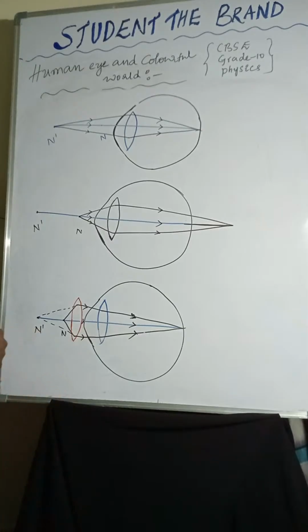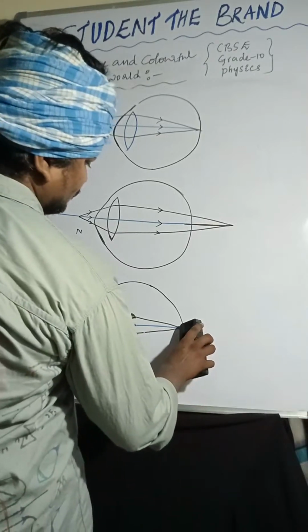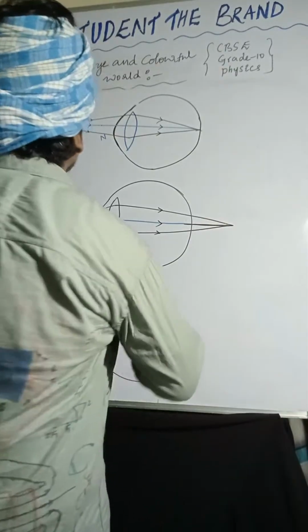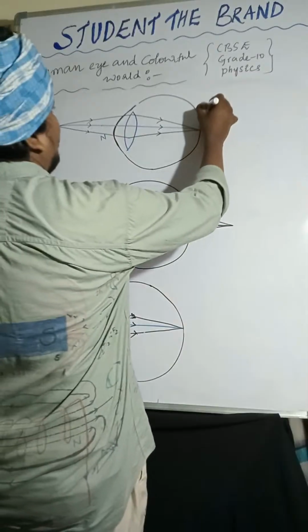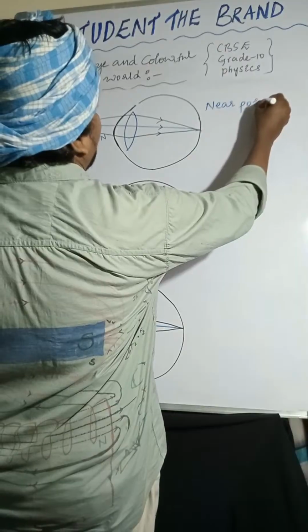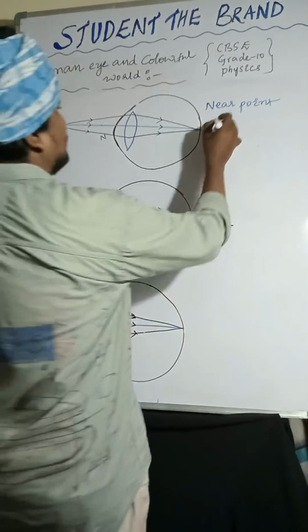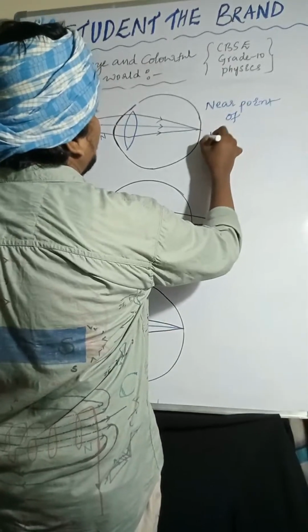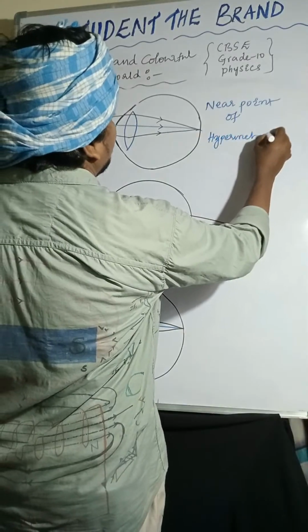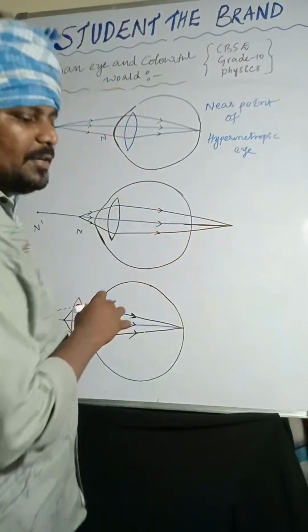Yes, a convex lens is for correction. Okay. So now you can see this is the near point of the hypermetropic eye.